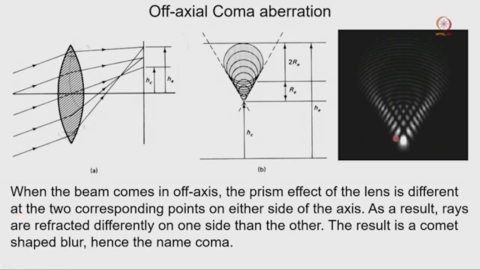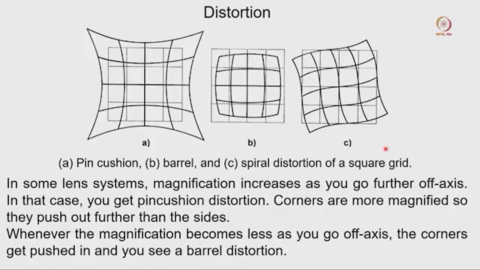If you look at this spread, the spreading is starting from one particular edge. This edge may be this or that side, but it is not coming from the center. Whenever you try to spread the beam, the beam will start from one particular side.